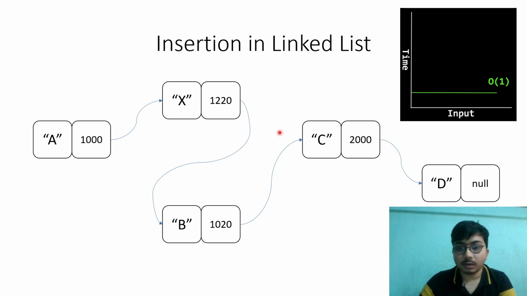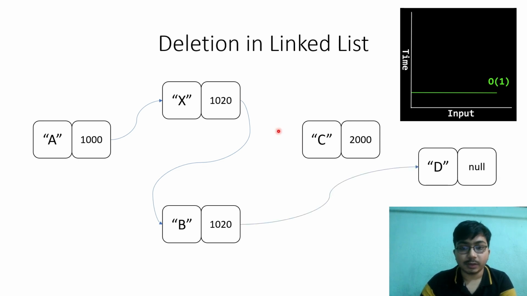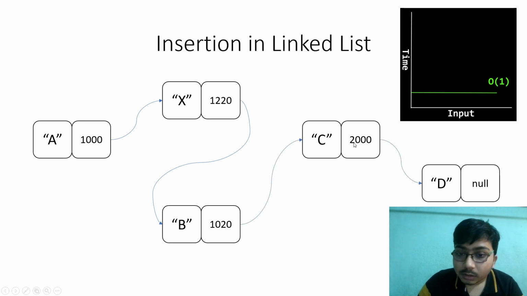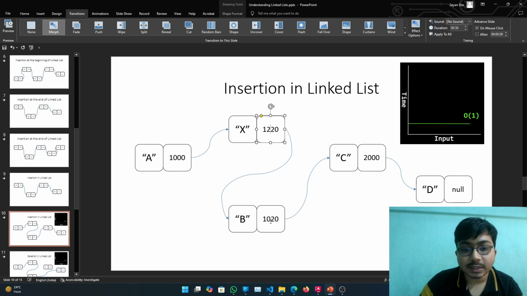But if you want to delete this C node, you can simply make sure that this B node now directly points towards this D node. And how will this be pointed? Previously, 2000 was the location of the next node, and 1020 was the location of this C node. So we will just update this 1020 to 2000.